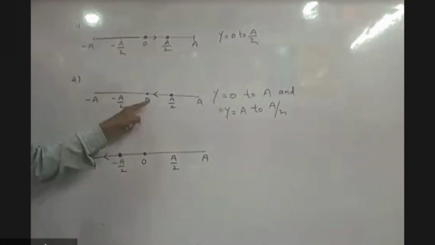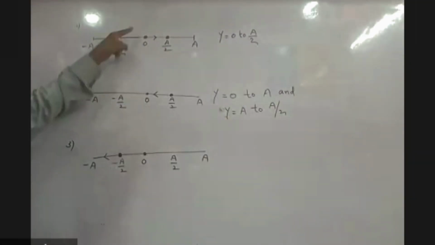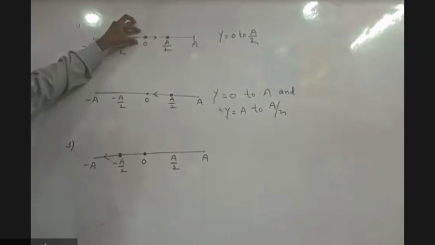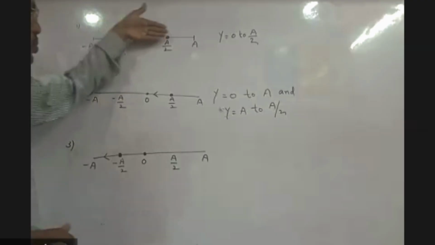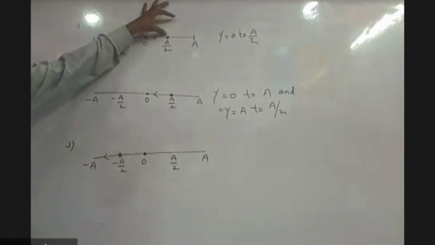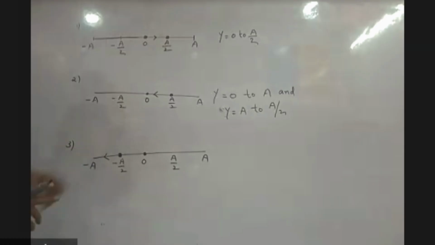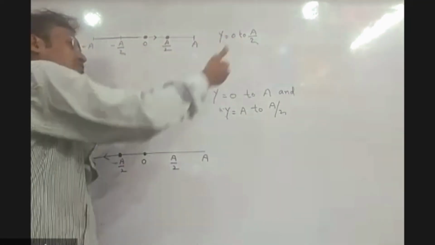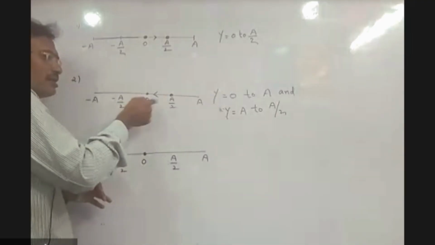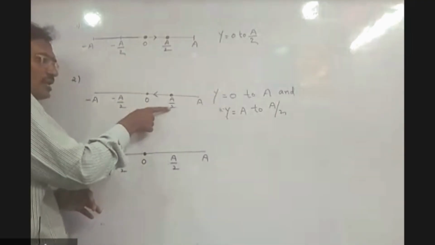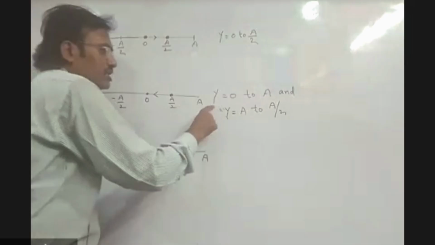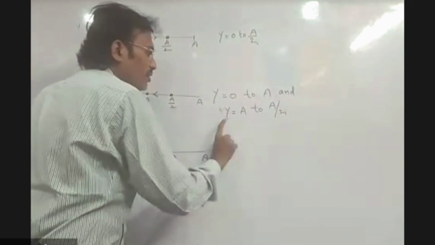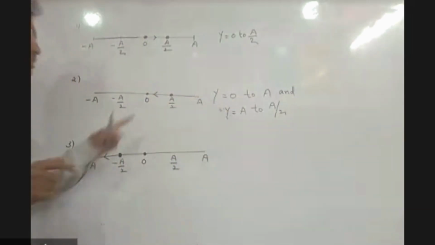Because it is a continuation from the first one, traveling from mean position towards extreme, and in between A by 2 is present. So 0 to A by 2 traveled. In the second case, it is still moving towards the positive extreme end and again coming back. Where is the dot? The dot is up to A by 2. So here y is equal to 0 to A and y is equal to A to A by 2. That is the meaning of that.